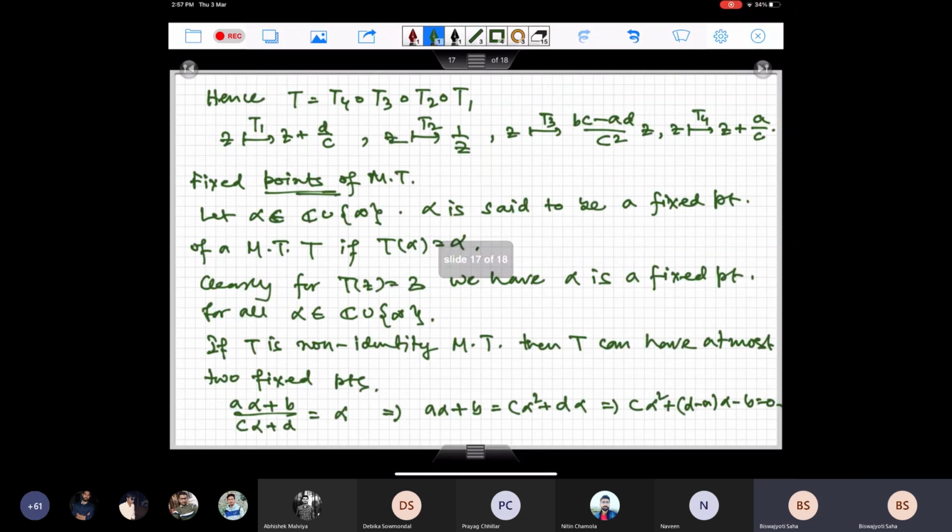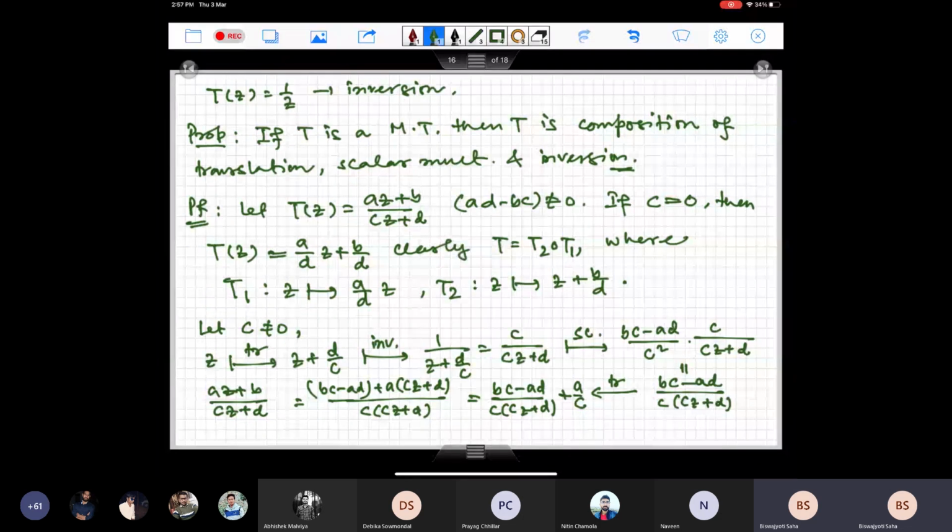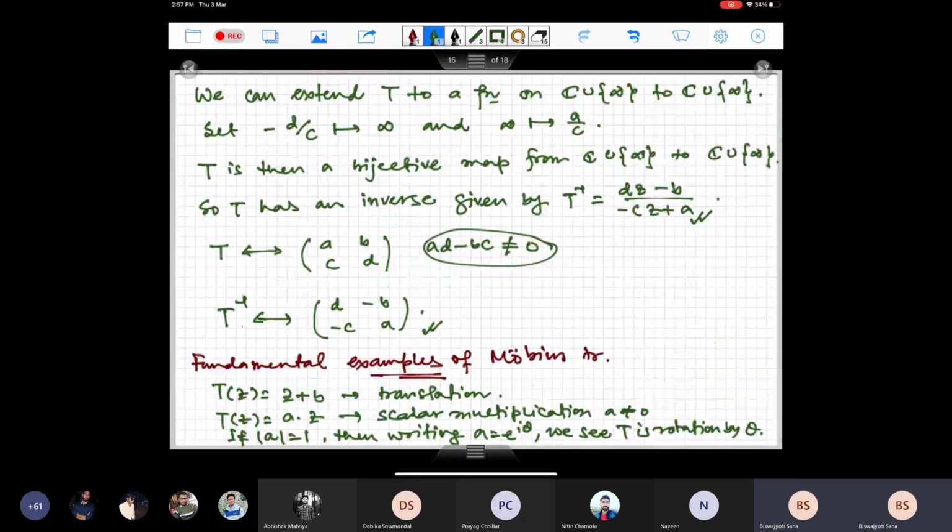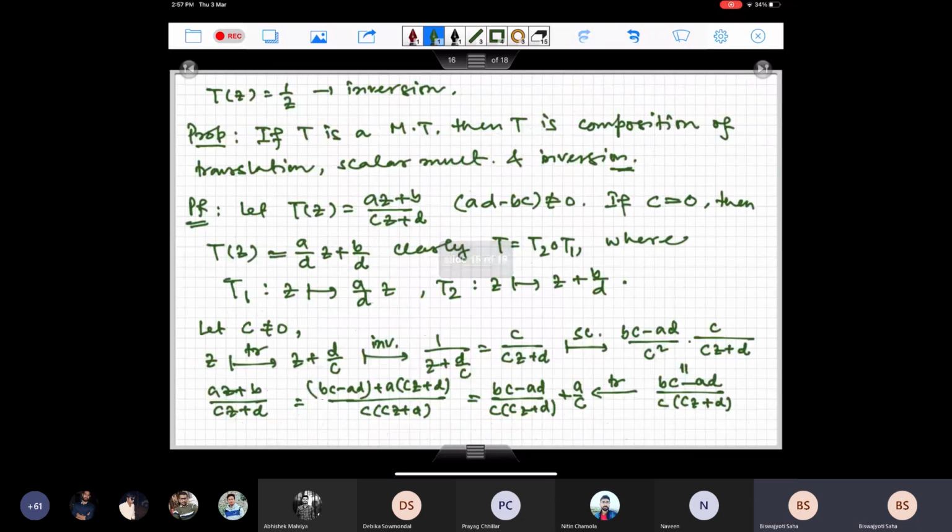Of course, if C is not equal to 0, clearly you can see that infinity goes to A by C, which is some particular complex number. So clearly infinity is not a fixed point in that case. If C is equal to 0, of course infinity is a fixed point.